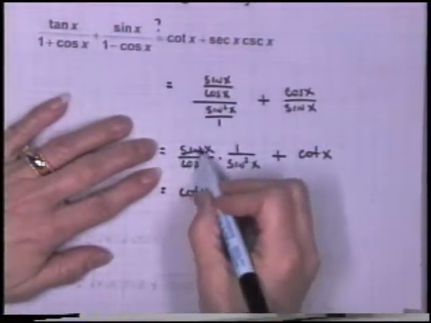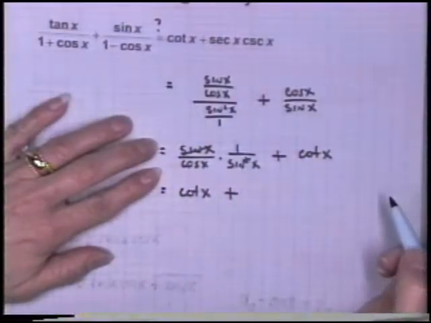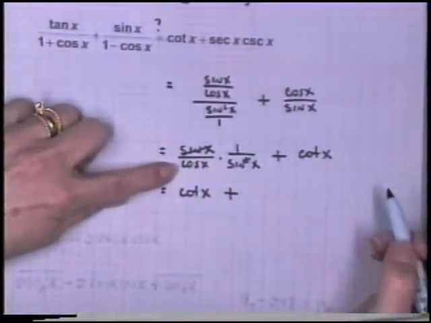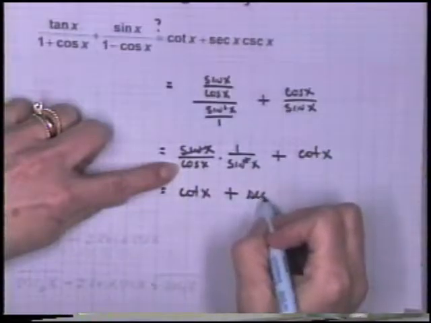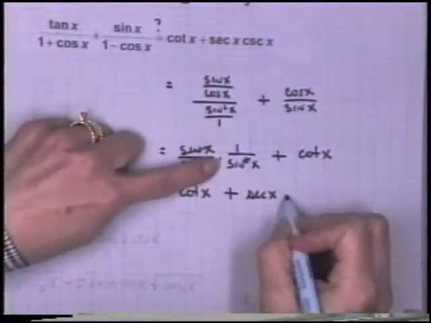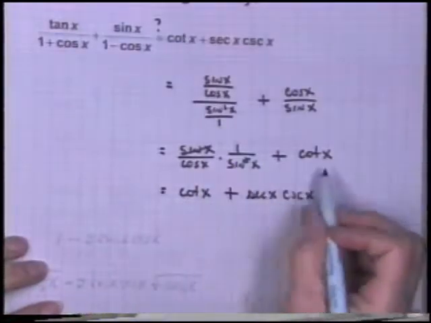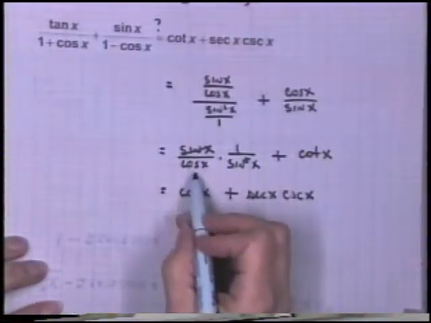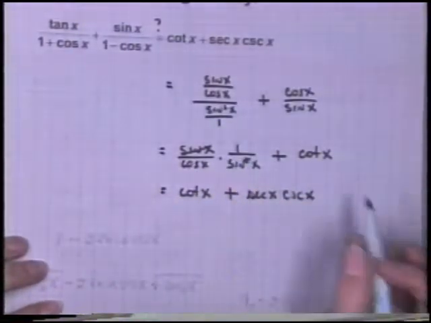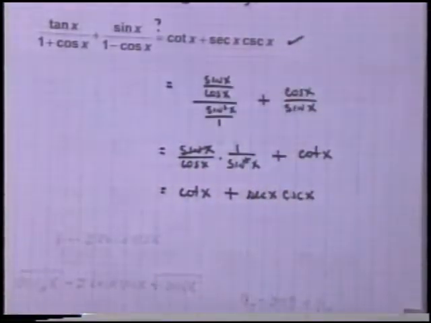Cotangent x, we have that, plus. On the second part, this sine function will cancel one of these. So notice what you have. 1 over cosine is secant x. 1 over sine is cosecant x. So I have cotangent x plus the secant times the cosecant, which is exactly what I wanted here.